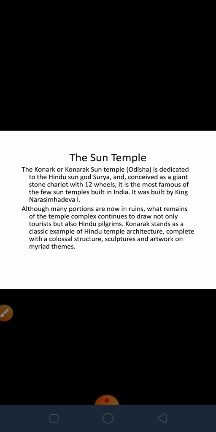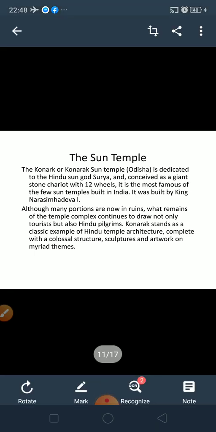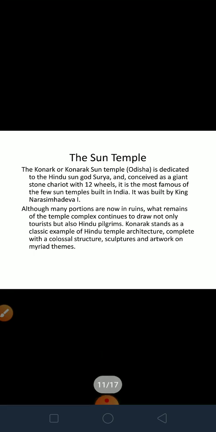It's a classic example of Hindu temple architecture, and it shows sculptures. The walls are sculptured with artists, dancers, musicians, gods and goddesses. It's actually an artwork, a visual feast for us.